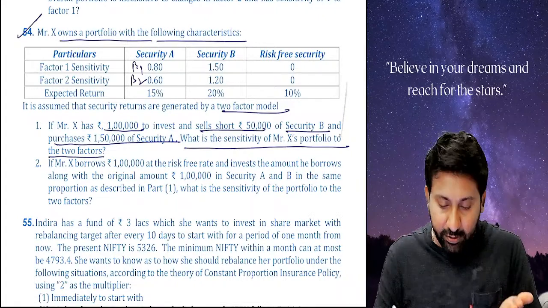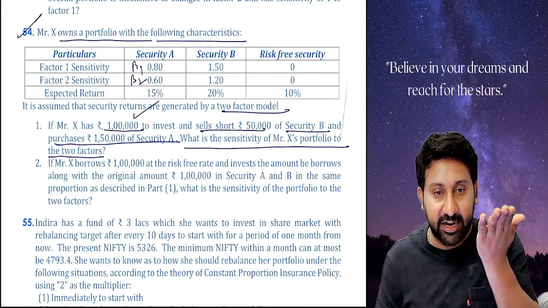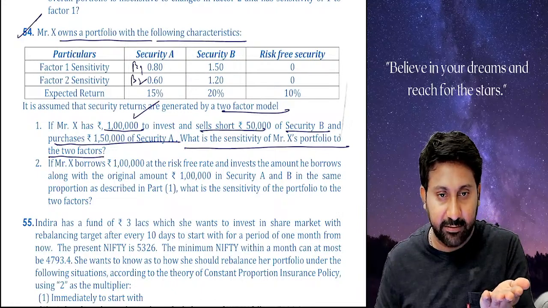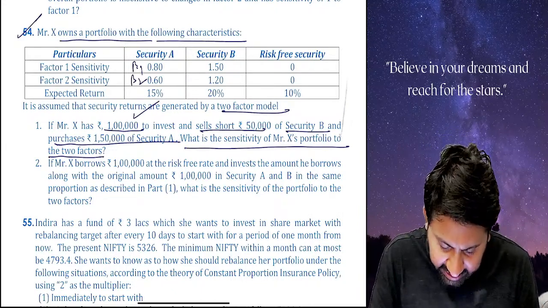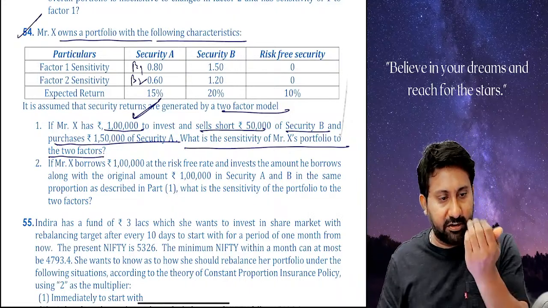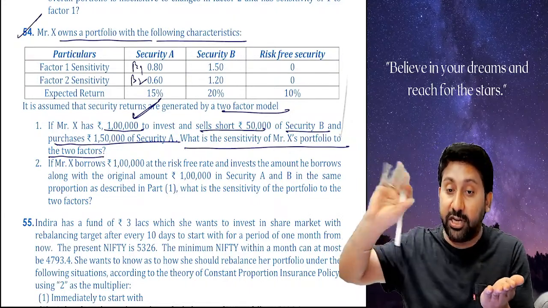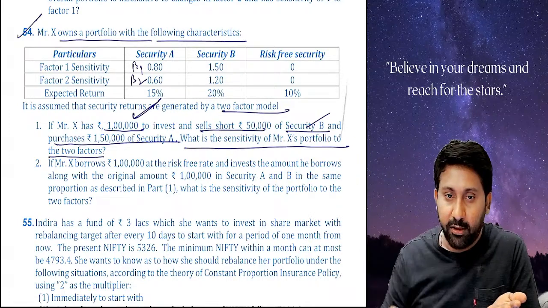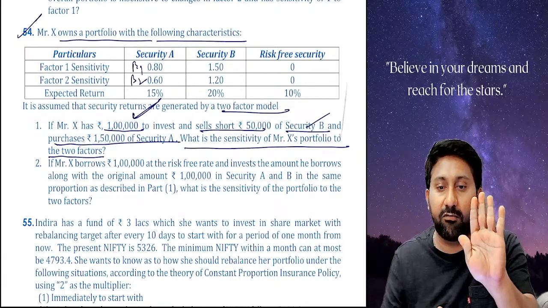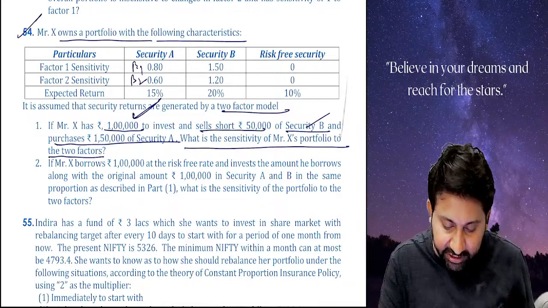Mr. X has 1 lakh in hand, and short sold B for 50,000, meaning he borrowed the shares and sold them. He got 50,000. Totally he has 1 lakh 50,000, and the full 1 lakh 50,000 he invested in A.